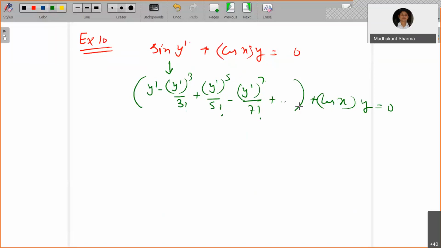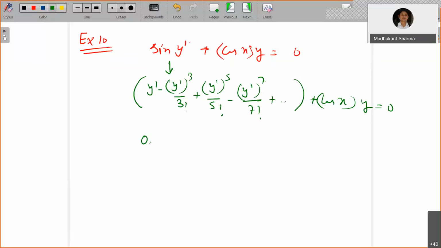Now if you see, what is the highest order derivative present in this entire equation? It's still the first order derivative. Whatever the nth term is, it involves y dash only. Nowhere is the derivative changing.